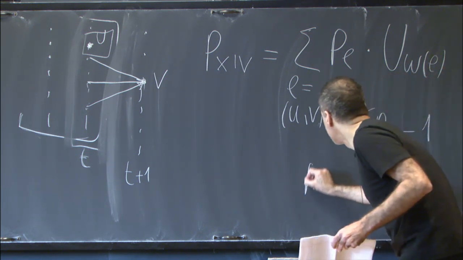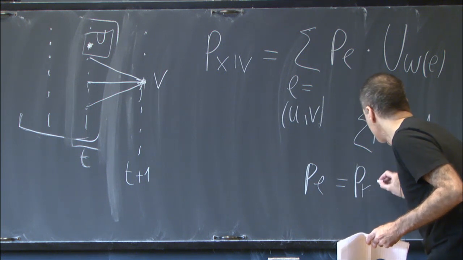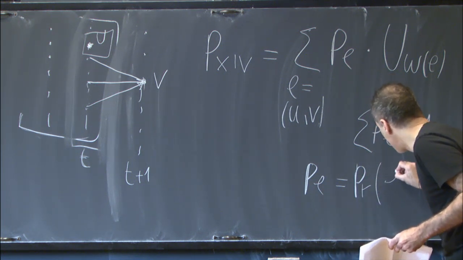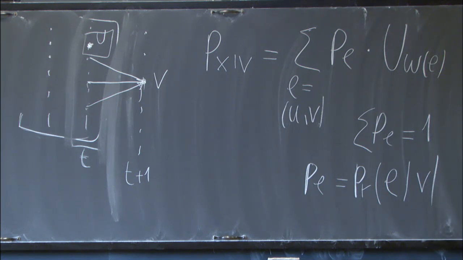So PE is just the probability to cross the edge E conditioned on arriving to V.